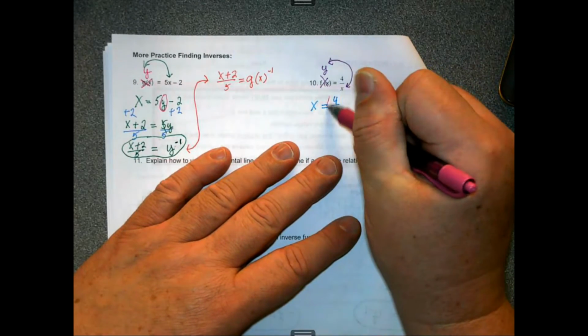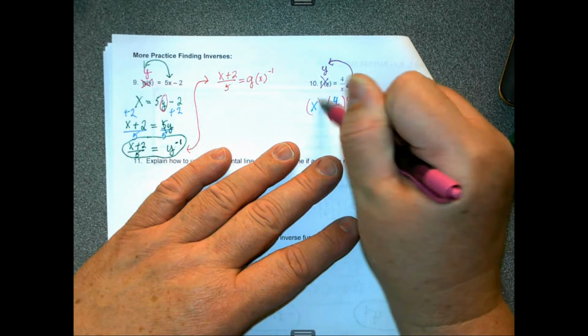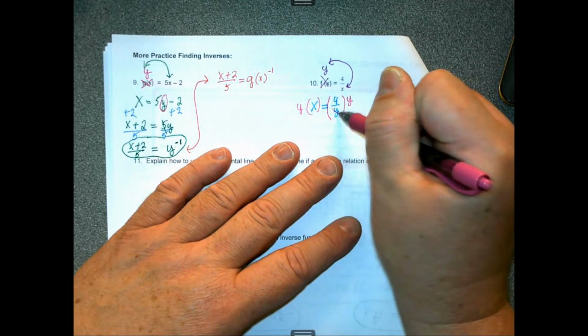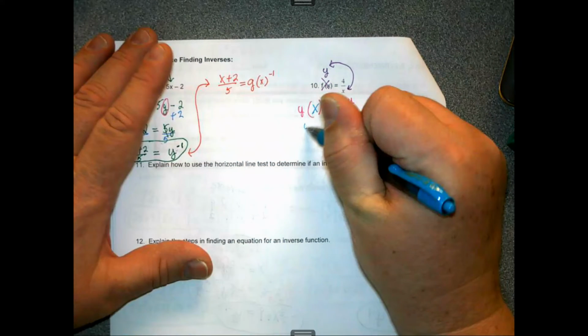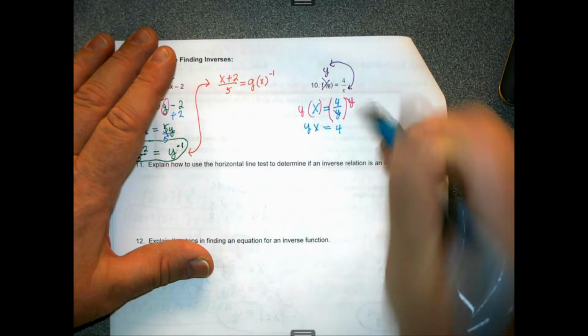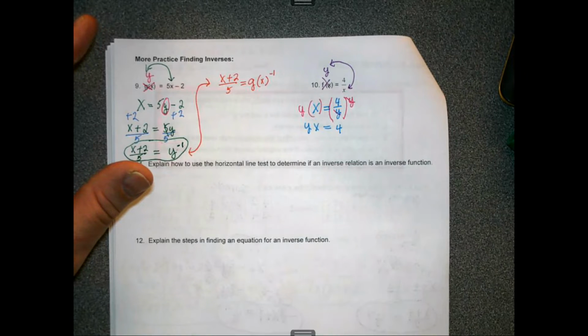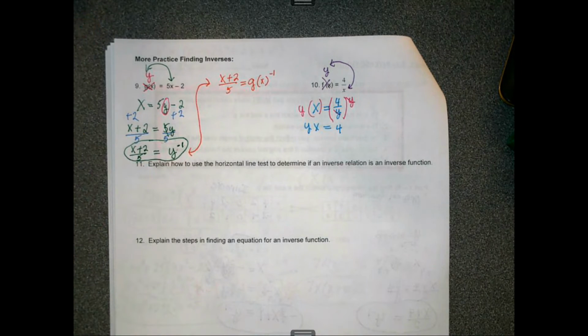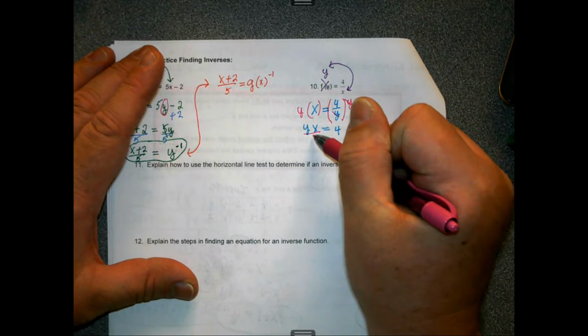So I'm going to multiply both sides by the denominator y, and I get y times x equals 4. Then I have to do what? Divide by x.